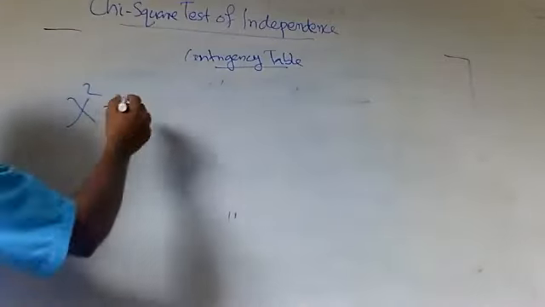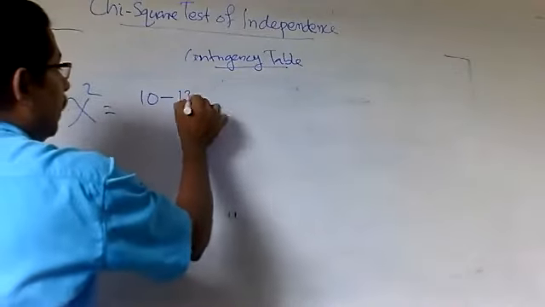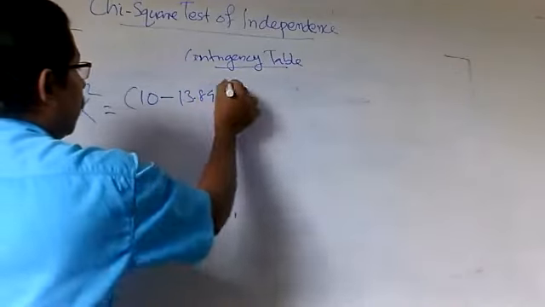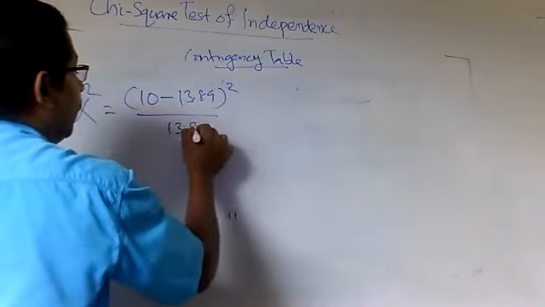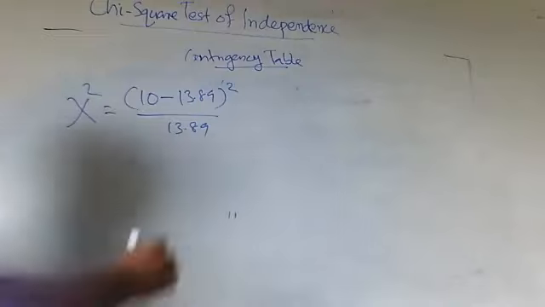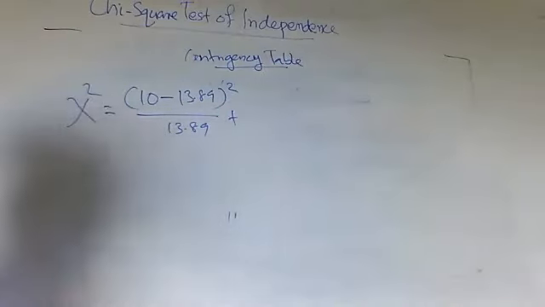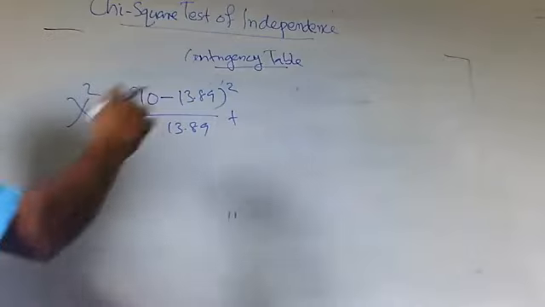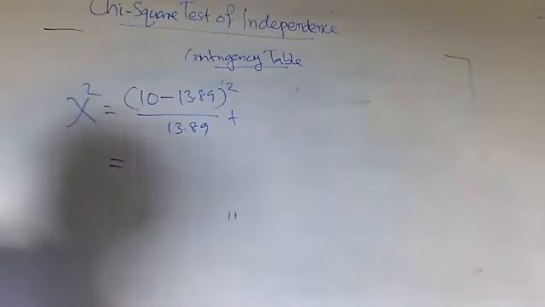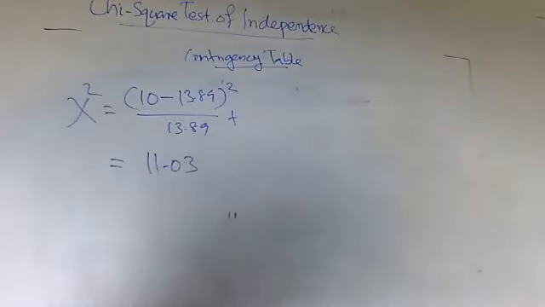For the first cell, it is (10 minus 13.89) whole square divided by 13.89. In that way, you find these values for each of the 6 cells. The total value is 11.03.